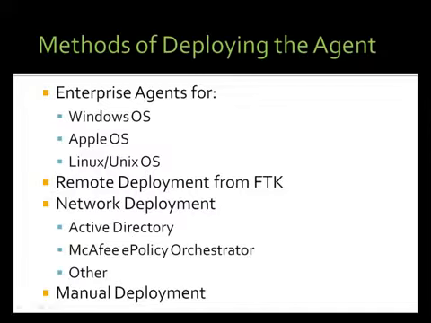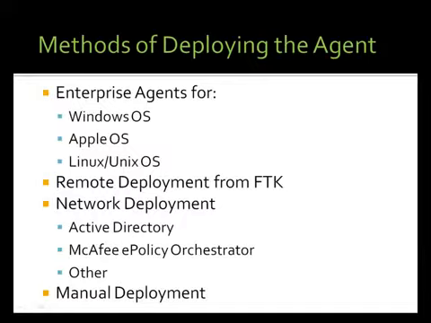We have enterprise agents for the Microsoft Windows operating system, the Apple operating system, and for the Linux and Unix operating systems. Now, there are several ways we can deploy that agent. One is through FTK, where we can push the agent from our machine and move it to that remote computer.